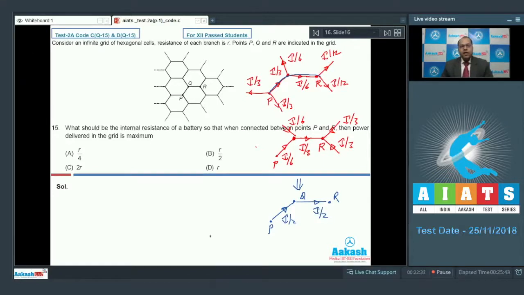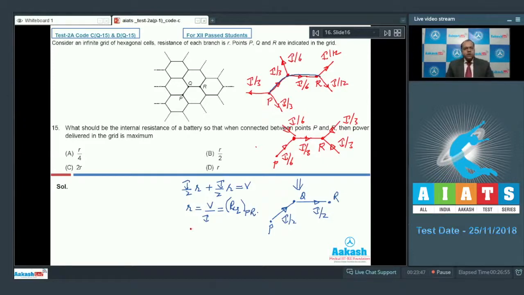If I apply an ideal battery of potential difference V between P and R, then I can write I by 2 into R plus I by 2 into R is equal to V, or R is equal to V by I, that is the R equivalent of this infinite grid about points P and R.